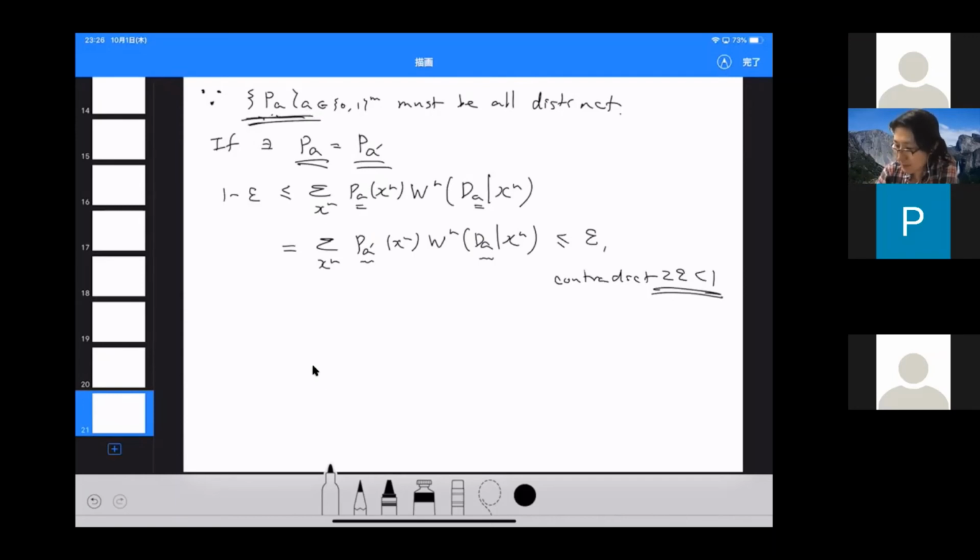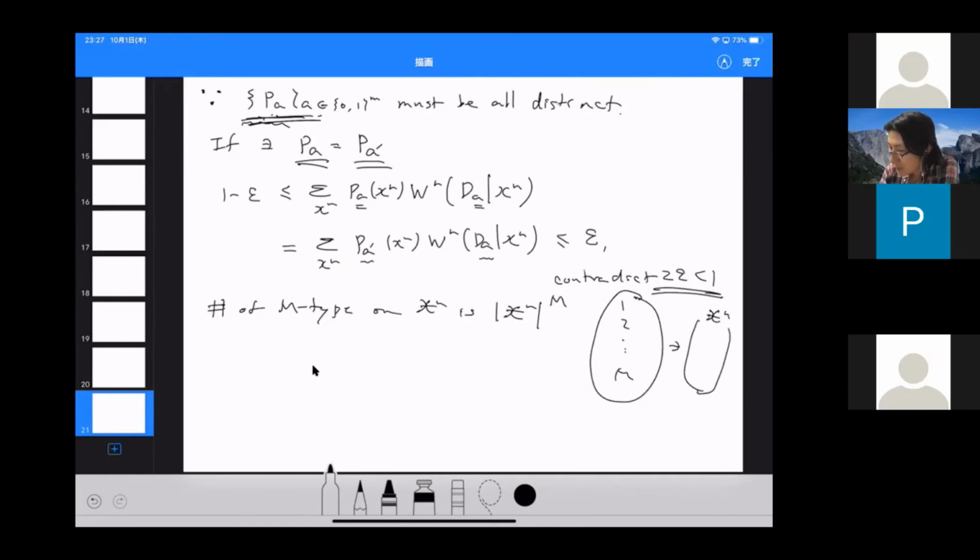Okay. So all distributions corresponding to messages must be all distinct. And then by assumption of the lemma, these distributions are all m-type. And the number of m-types on this alphabet is bounded by this, because an m-type is essentially a function from the set 1 through m to this set.